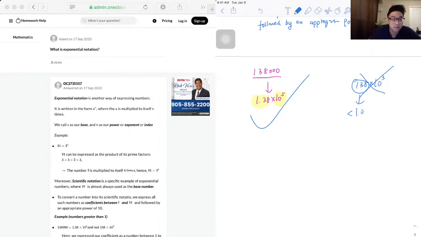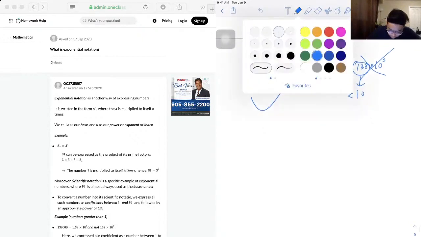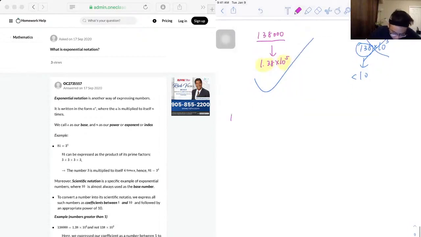Yeah. So I'll write it on here. 138,000 is equal to 1.38000 times 10 with exponent of 5. And the reason why the exponent is 5 is that we imagine 138,000.0 is equal to the right hand side.